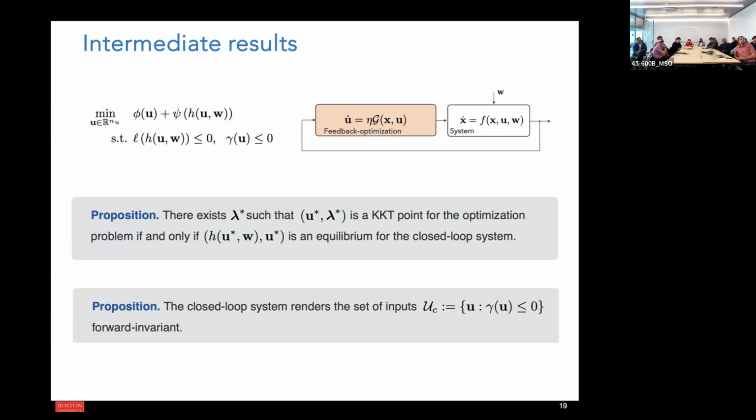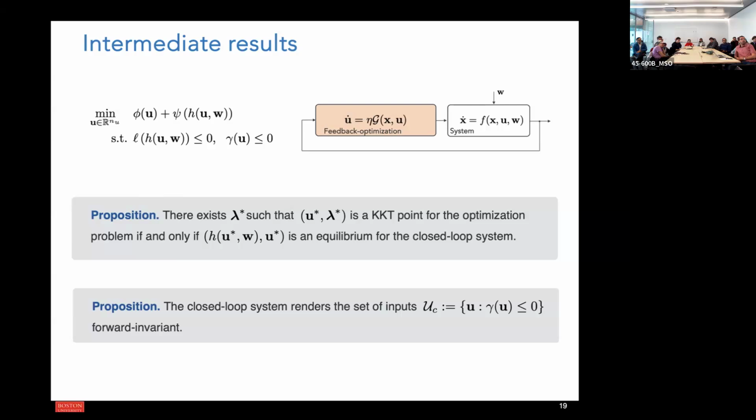And this is precisely in this proposition, right? So we say that there exists a lambda star, so that u star, lambda star is a KKT point of this problem, if and only if this one is an equilibrium point of the closed loop system.